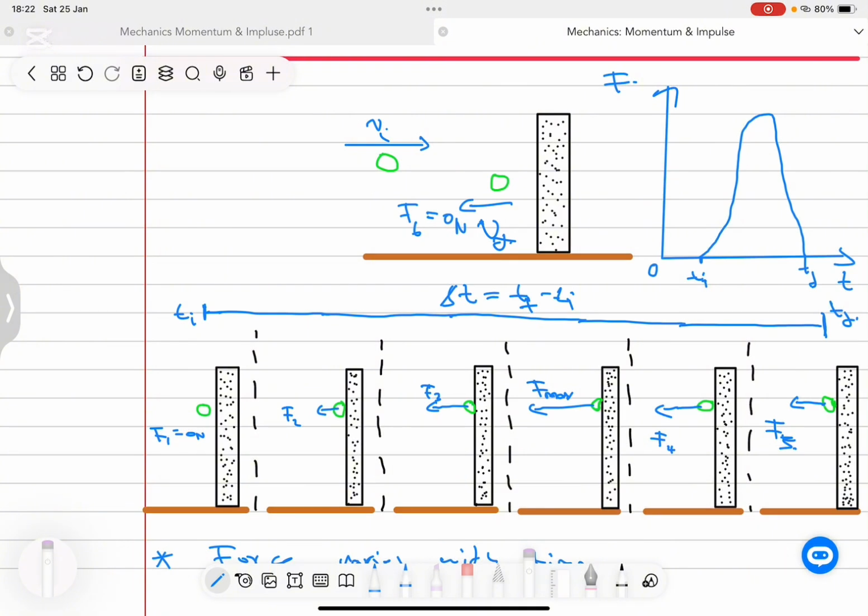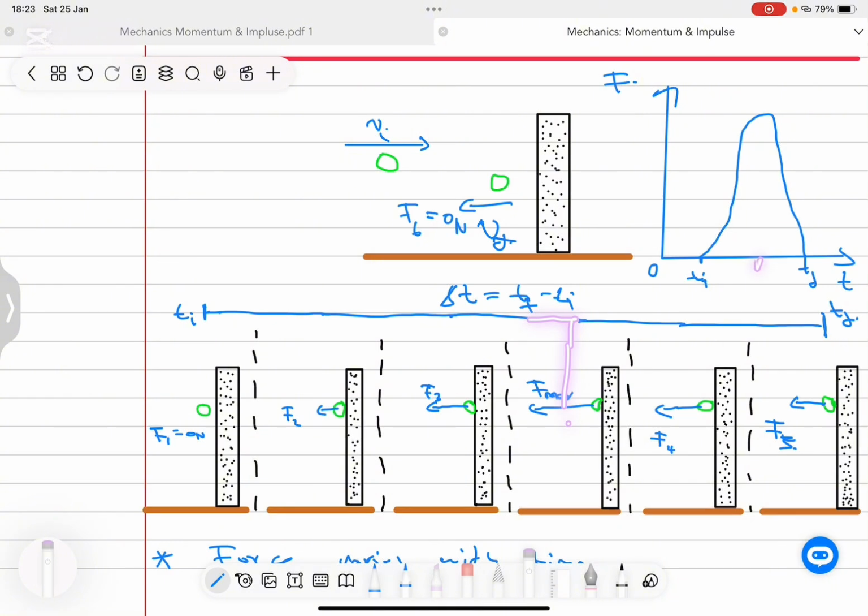Now, we're saying here that at t initial, which is here, our force is 0. And at some time here, which is this scenario here, our force has increased and we get F1. In the next scenario, the time has increased so that we are now at F3 here.